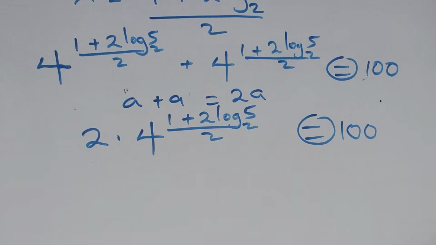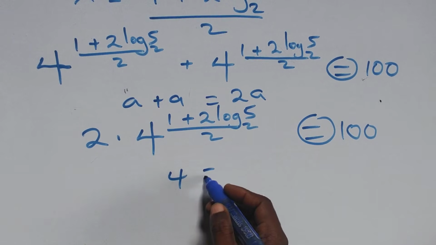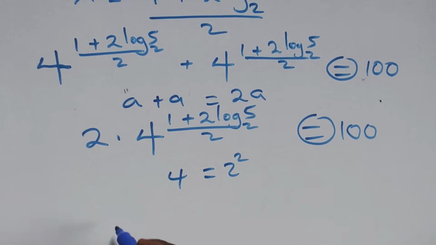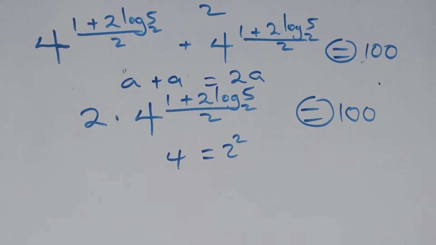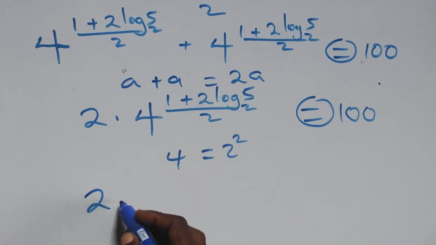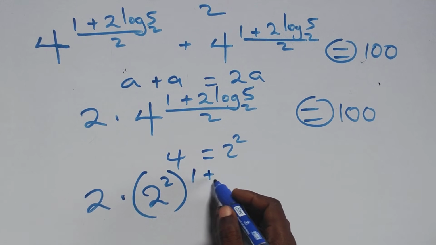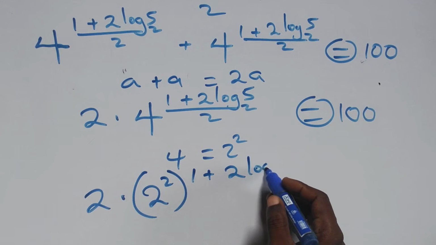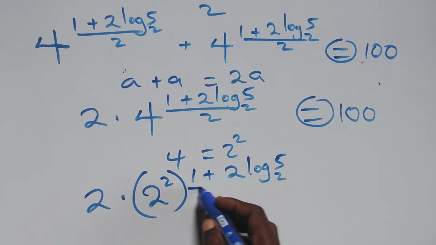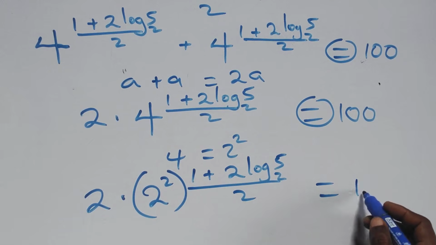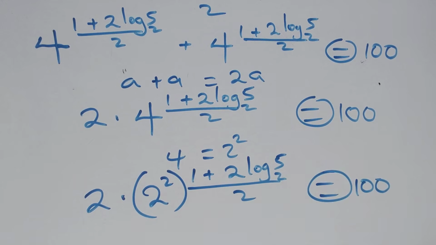And from here, we can change 4 as 2 squared. Then this equation becomes 2 times 2 squared, which is raised to power 1 plus 2 log 5 base 2 over 2, equals 100 on this side.